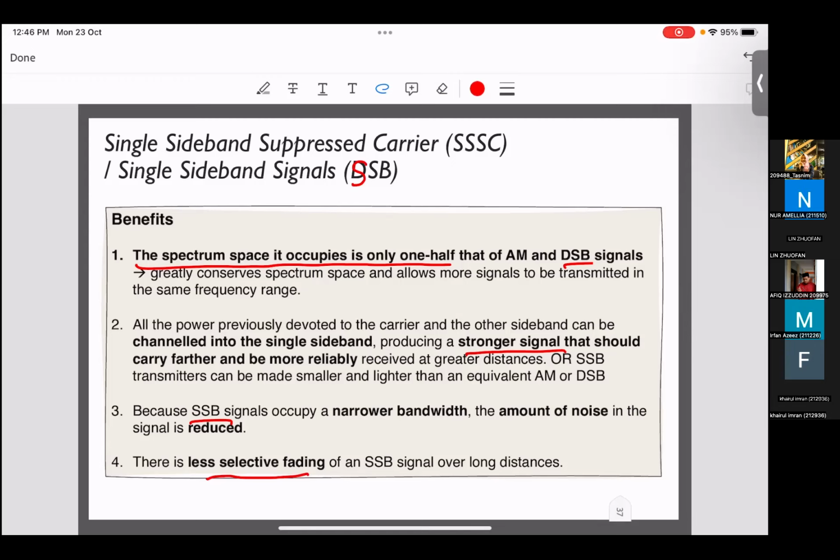When they can't arrive in time and the window for receiving is closed, that signal is lost. So that is what is called selective fading due to the different phases. How do the different phases occur? Due to the loss in the air, the medium that we transmit our waves or signals through, sometimes it causes phase delays. Okay, so that is selective fading.